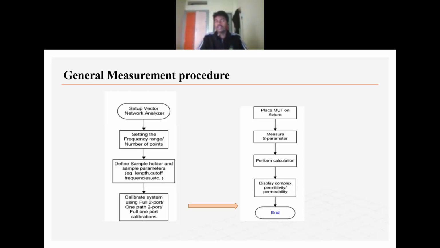The next important step, as in every analytical equipment, is calibration. After calibration, we place a sample and start the vector network analyzer, and it measures the S parameters. The processor then converts the S parameters into permittivity using numerical methods depending on the S matrix formed, and the complex permittivity or permeability is displayed on the screen.